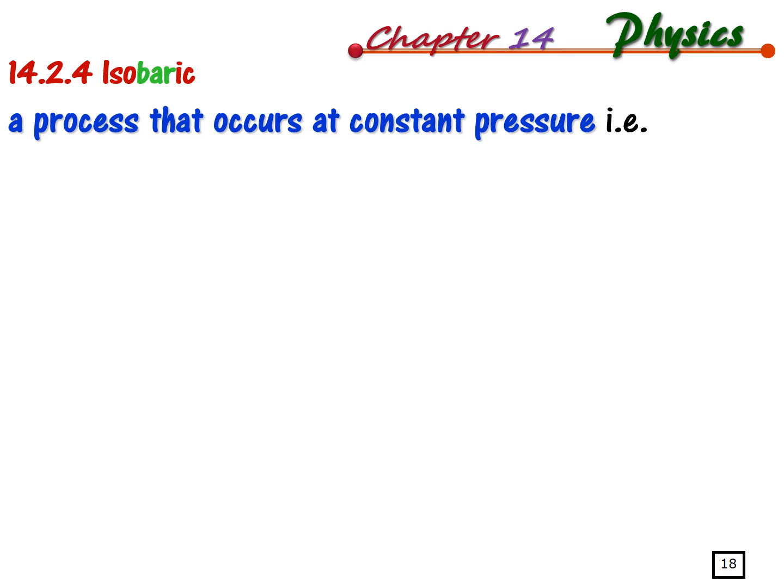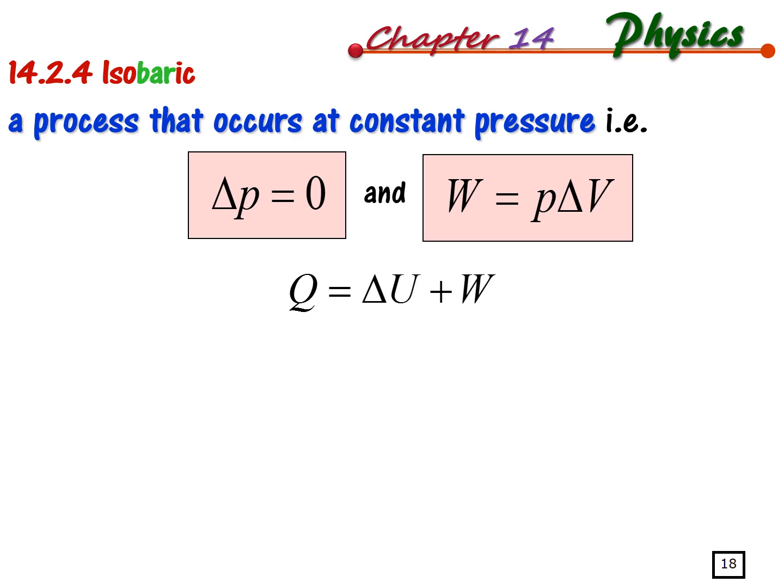So you may apply the equation of Charles' law to this isobaric process. When pressure is constant, the change in pressure equals 0 and the work done equals P delta V, so the first law of thermodynamics can be written as Q equals delta U plus P delta V, where P is pressure and delta V is change in volume.